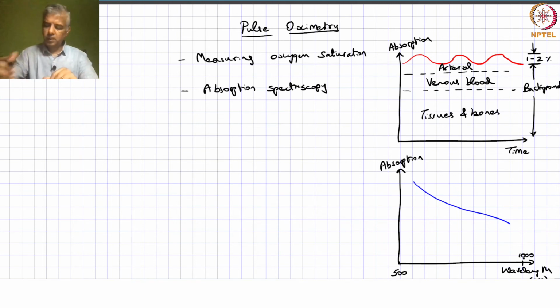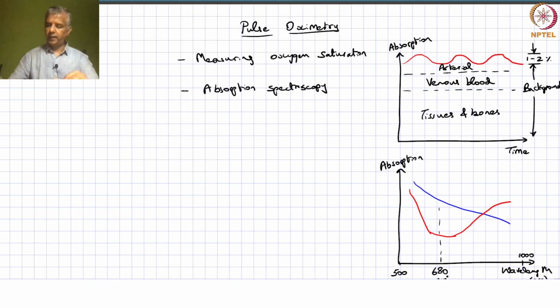Whereas if you consider oxygenated hemoglobin, which is typically red in color, that would be something like this. It will flatten out and go up, and then it will be something like this. Okay. So where this happens is around a wavelength of 680 nanometers.